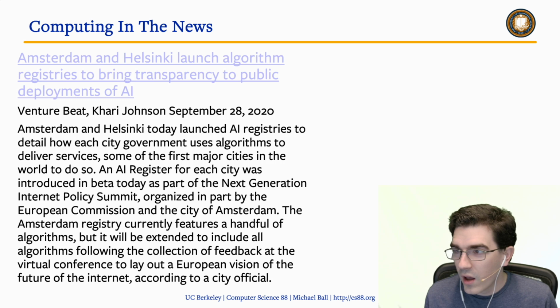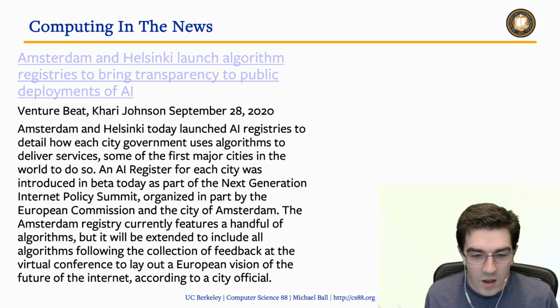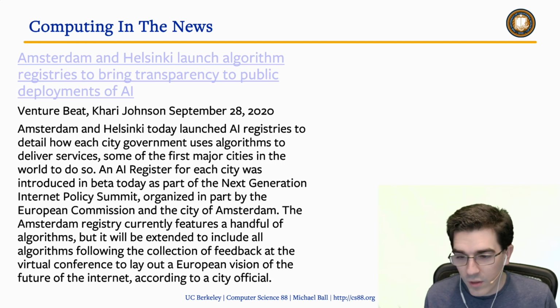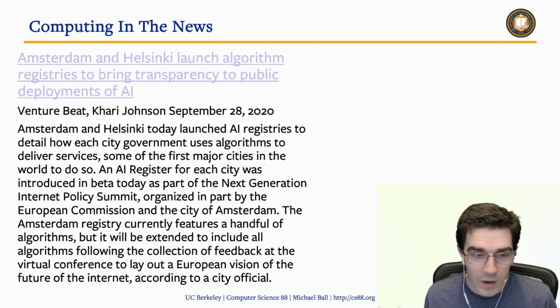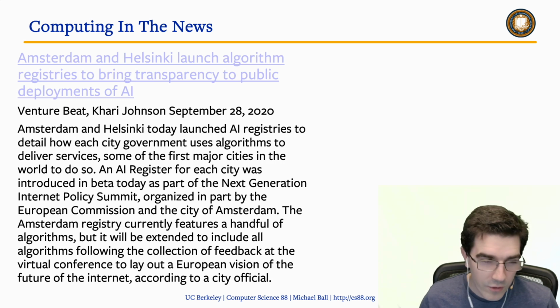So if we think about things like an algorithm that might decide something related to sentencing, whether that's penalties or bail amounts, providing the information such that anyone can go in and audit how this algorithm was designed, what data was used, and so on.